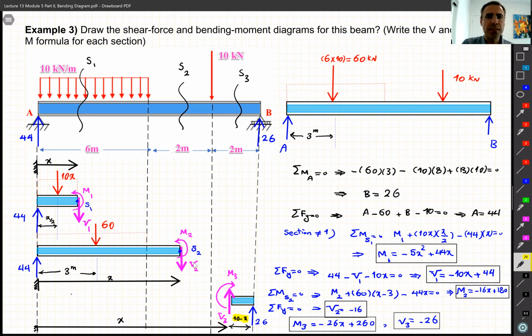But in Mech 260, you're not going to deal with an oblique beam. It's always a horizontal beam, right? Or a vertical beam, because if it's a vertical beam, you just flip your page 90 degrees. That's all, right? So let's draw then the diagram for this one.